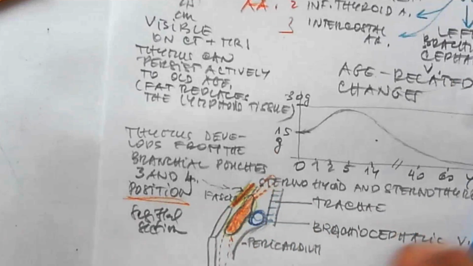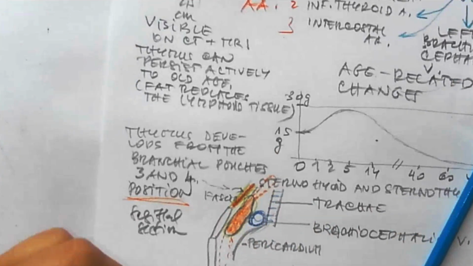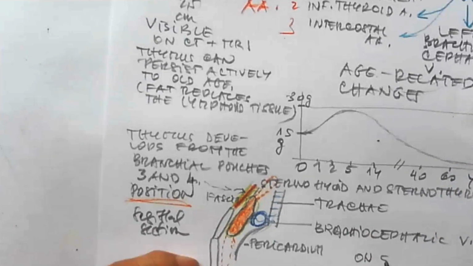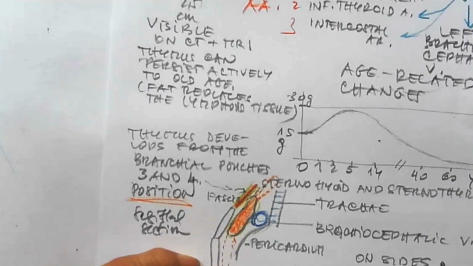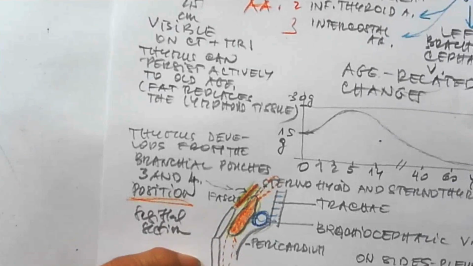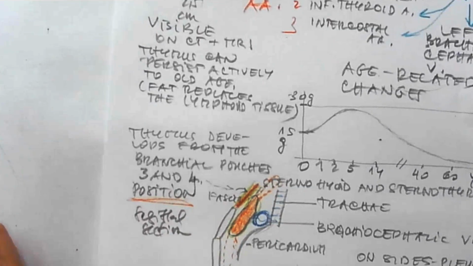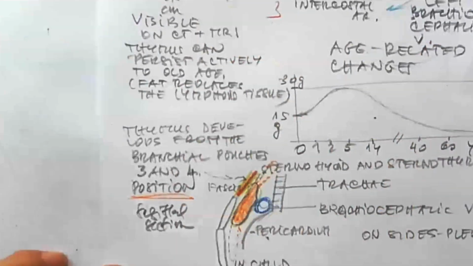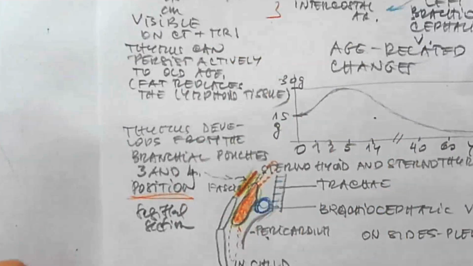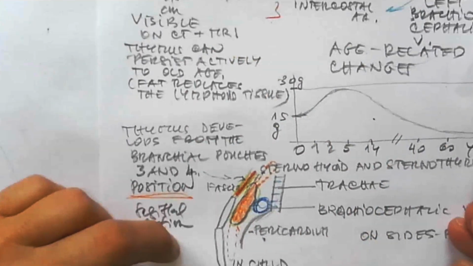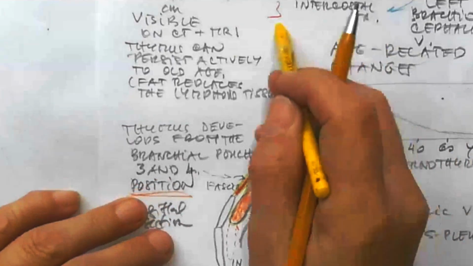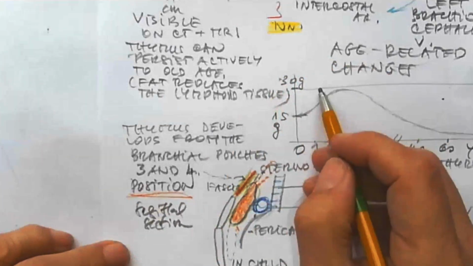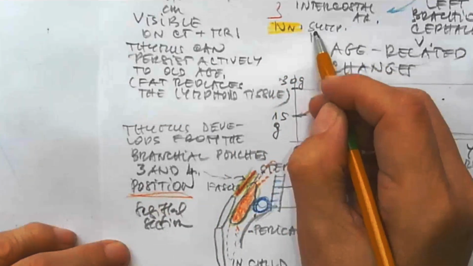So we know the anterior and posterior relations of the thymus as an organ. Laterally, on the sides, are the pleural cavities, logically. What else? Arteries, veins, nerves. Quickly, nerves: sympathetic and parasympathetic.